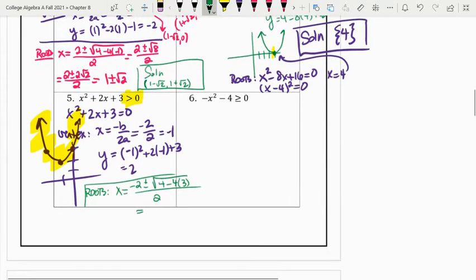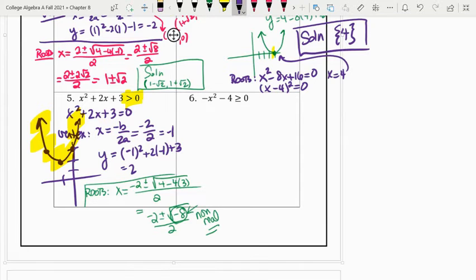So you get negative 2 plus or minus the square root of 4 minus 12 is negative 8 over 2. So we have non-real roots, which tells me it has no x-intercepts. So my solution is negative infinity to infinity. It's always above 0.